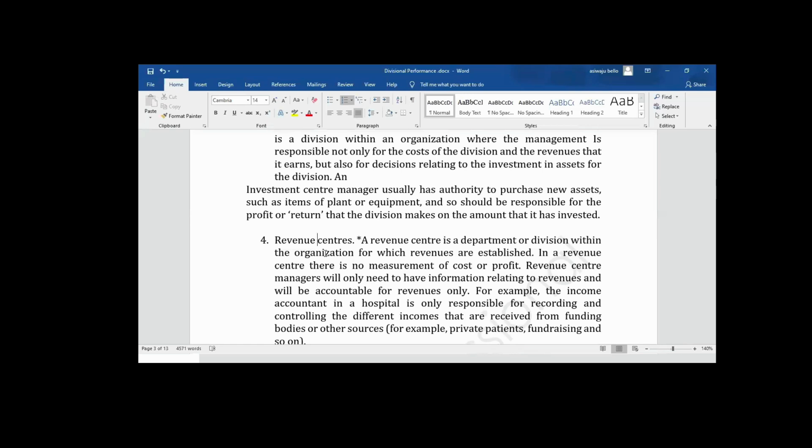You cannot incur cost. You can't spend the money. Your responsibility is to generate revenue and bring in money, but you are not allowed to incur cost. Hence, you cannot determine profit. Please note, a division cannot be a revenue center.